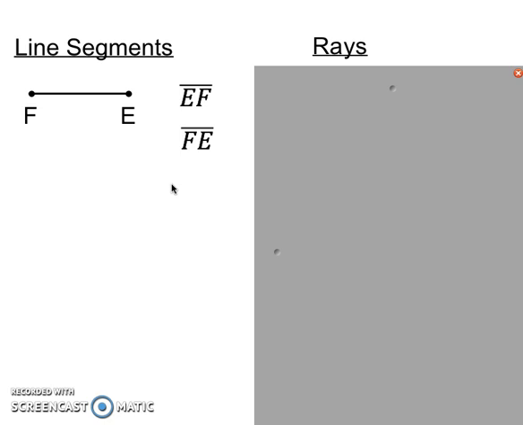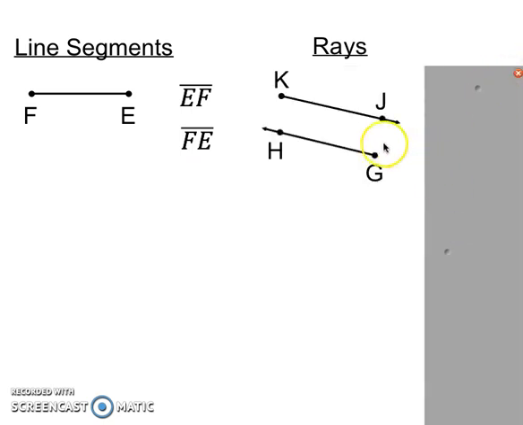Rays. Rays are kind of a combo between line segments and lines. So for a ray, you are going to see something where it goes off infinitely in one direction. So I have an end point K, and it goes off infinitely in the J direction. Here I have an endpoint G, and my ray goes off infinitely in the H direction.